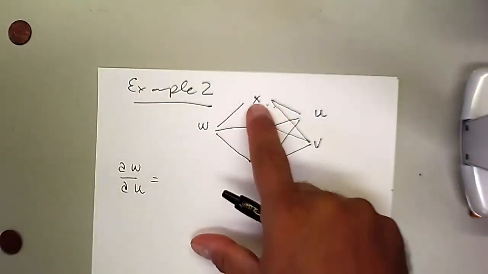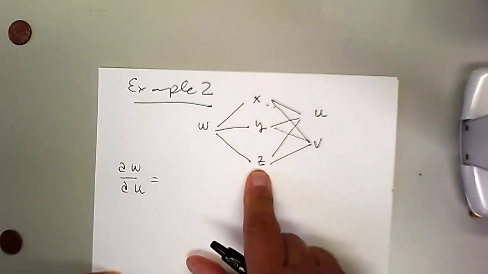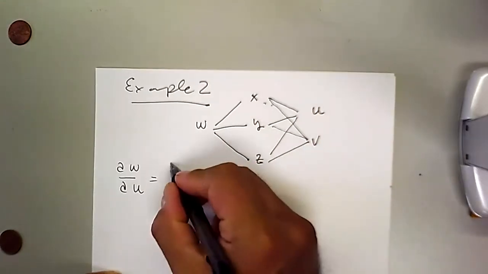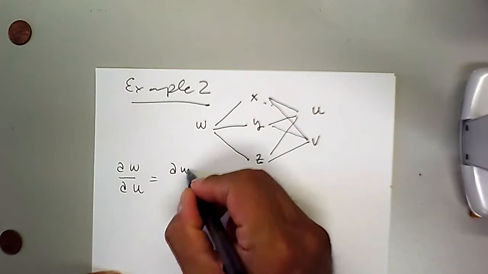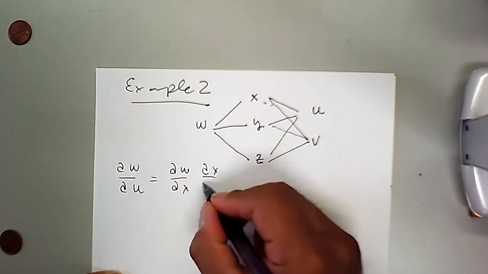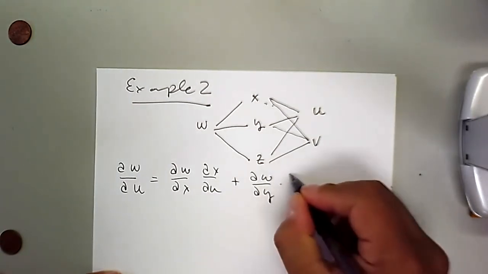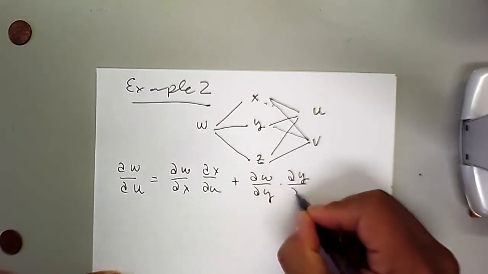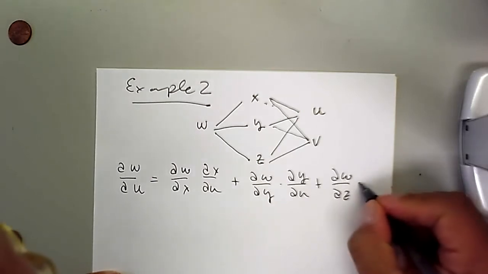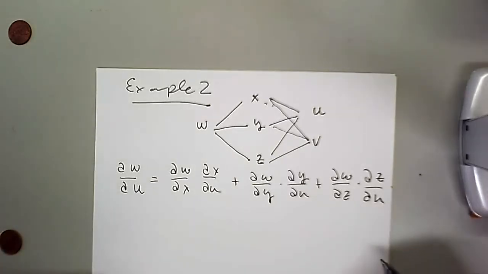This is only 1, 2. So we multiply partial of W with respect to X, partial of X with respect to U, plus partial of W with respect to Y, partial of Y with respect to U, plus partial of W with respect to Z times partial of Z with respect to U. And there we have it.